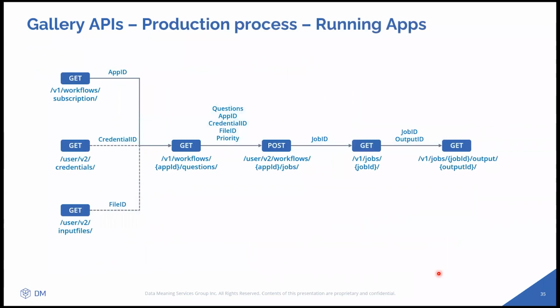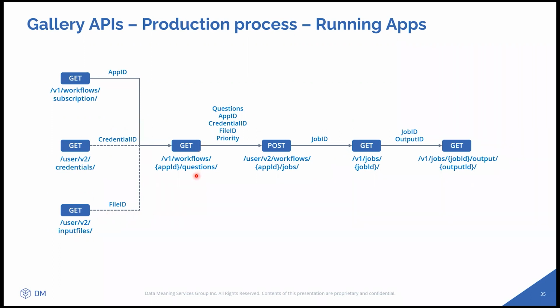All right. So I'm going to show you guys now a few examples of the process you need to follow in order to perform some operations. The first thing, how to run an app using the API call. You need to get the app ID, the credentials, and the file ID, the input files.